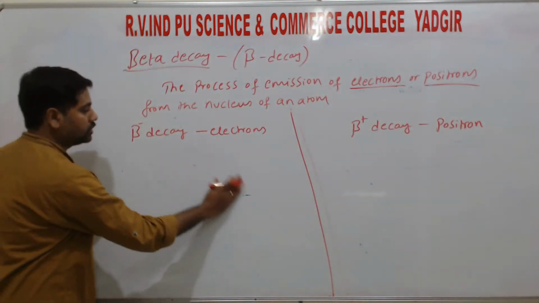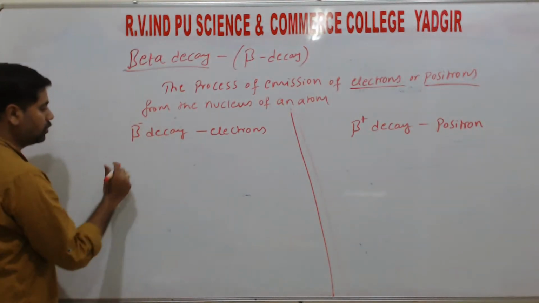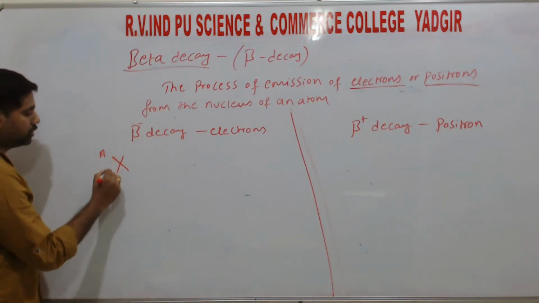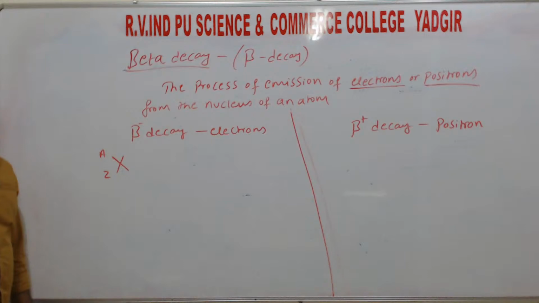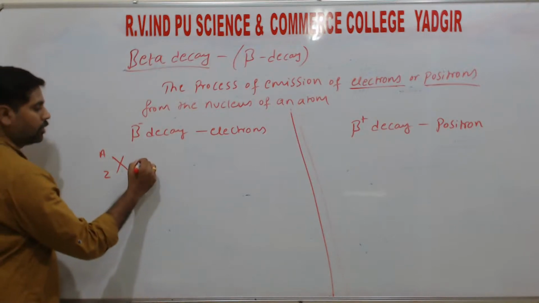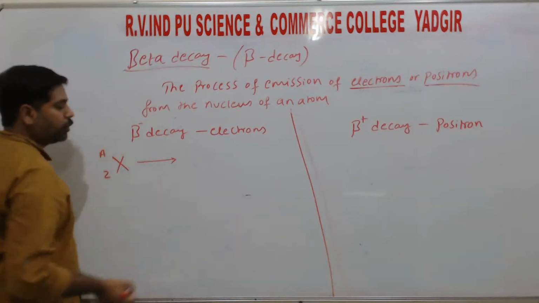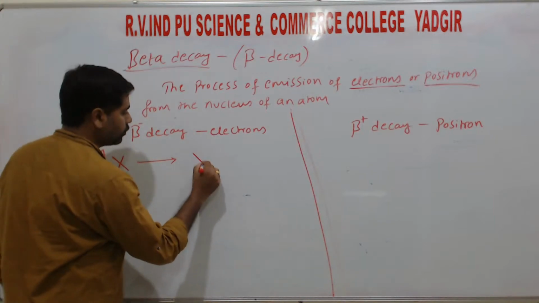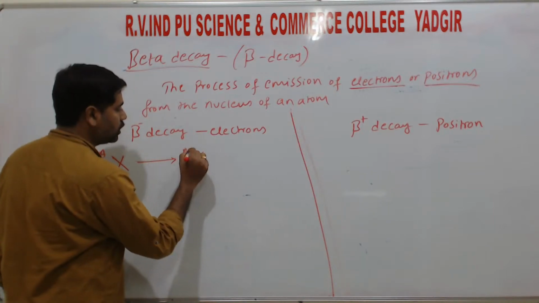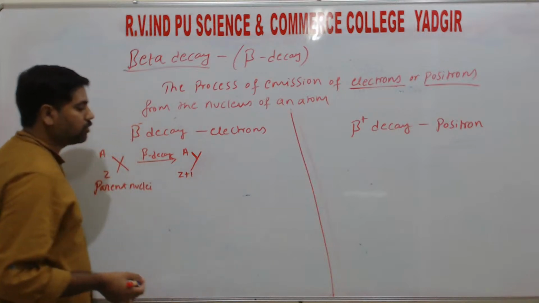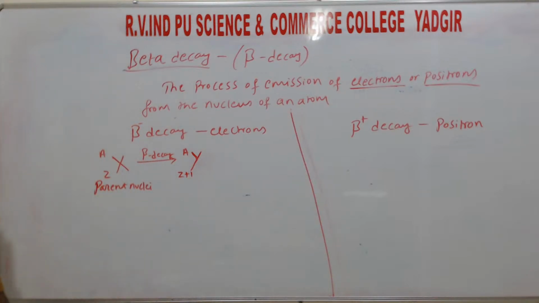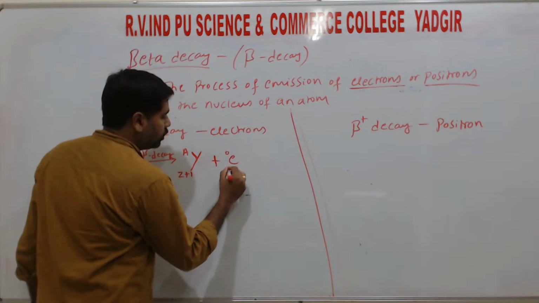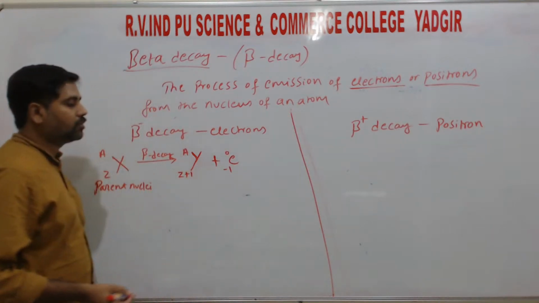If we write the general form, here X with mass number A and atomic number Z is the parent nuclei. When it undergoes beta decay, the atomic number becomes Z plus 1, plus the emission of the electron, with mass number 0 and charge minus 1.